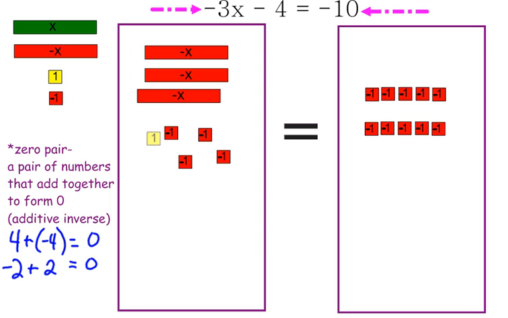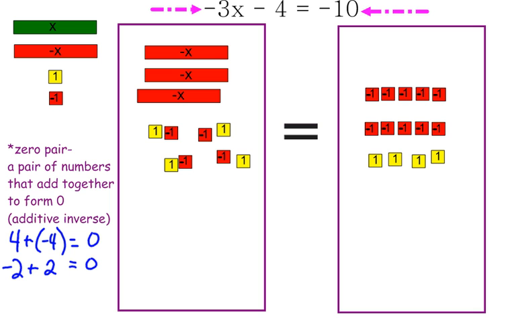I'm going to bring a positive 1 over, and another positive 1 over, and another positive 1 over, and another 1. I brought over a total of 4 yellow number 1s, okay? So I'm going to need a total of 4 more on the other side, because I remember what I do on one side, I have to do to the other.